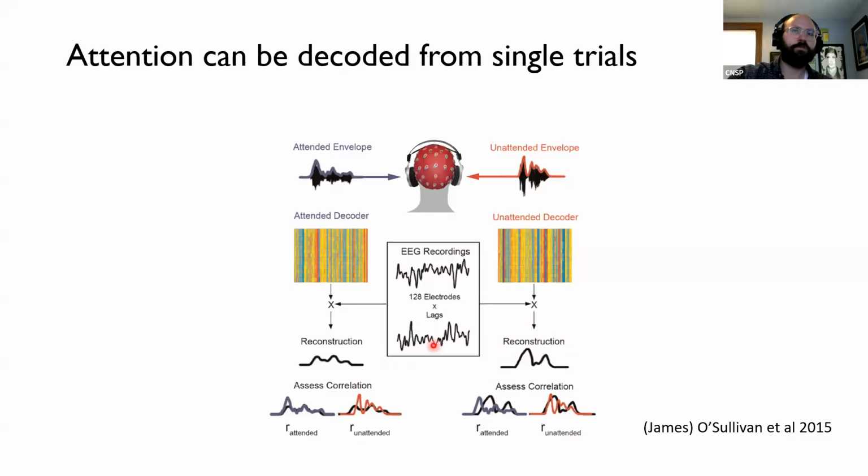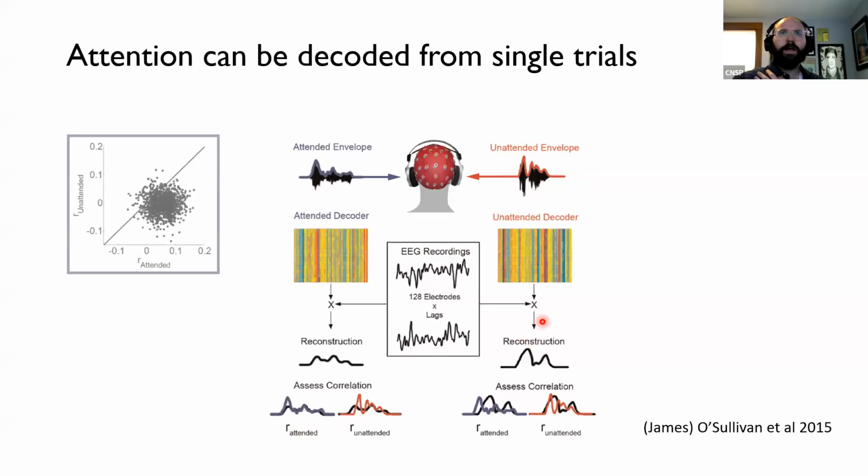But what we do then is we correlate these reconstructions with the actual stimulus, and we do the reconstruction of the attended decoder for the attended and unattended story, and the unattended decoder the same way. And we can look at how well the attended stimulus was represented as compared to the unattended stimulus.